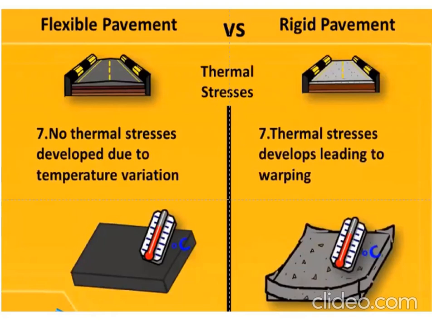But these statements are sometimes very wild statements. In an actual scenario, flexible pavements do fail with thermal stresses. This is called low temperature cracking, in which, in a colder climate, if your temperature falls continuously below 0 degrees centigrade and up to minus 7 degrees centigrade, flexible pavement does have thermal cracking.